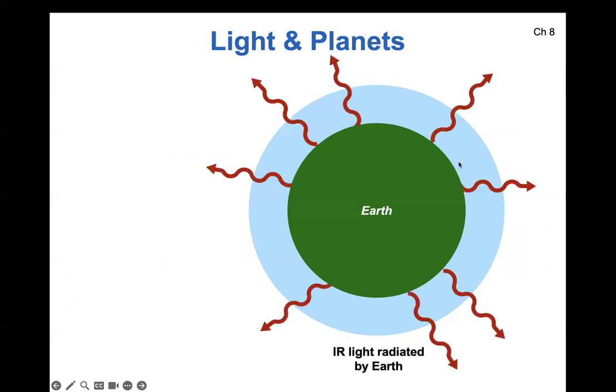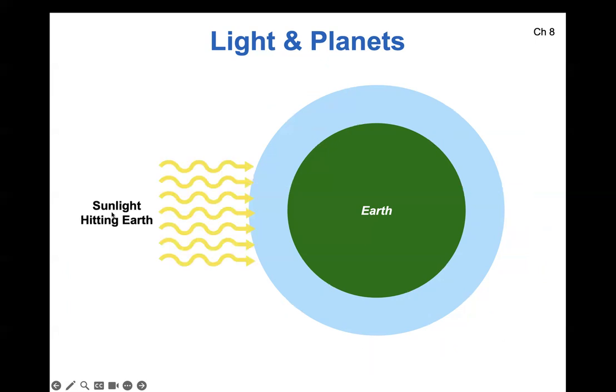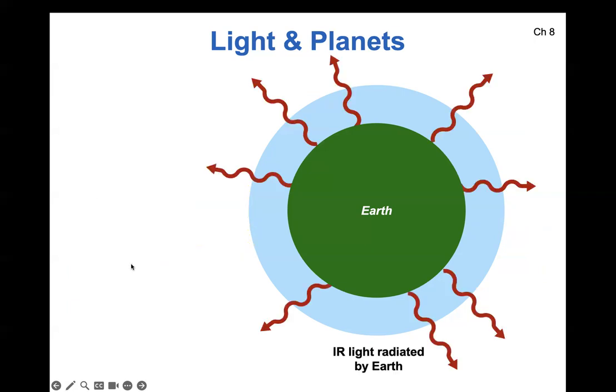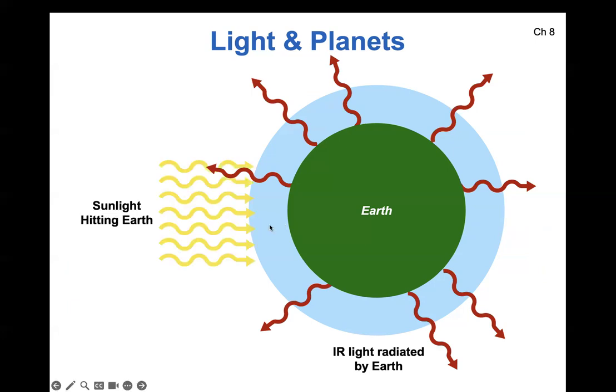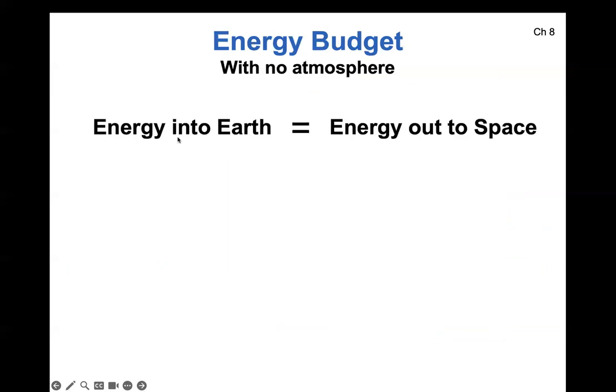So incoming energy, outgoing energy. Incoming as sunlight in that visible band of energy, outgoing as infrared radiation, because the Earth glows, right? But it glows in the infrared, so we don't see the glow with our eyes, right? So the energy into the Earth has to equal the energy out into space.